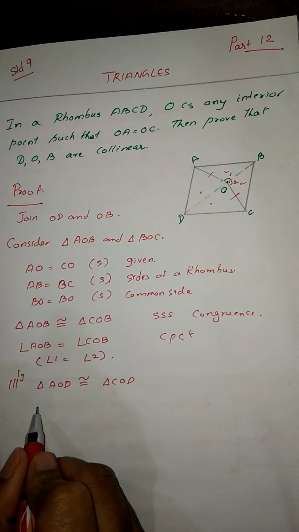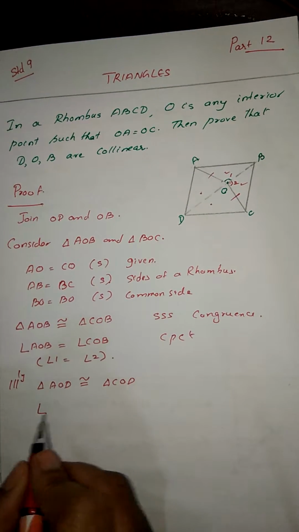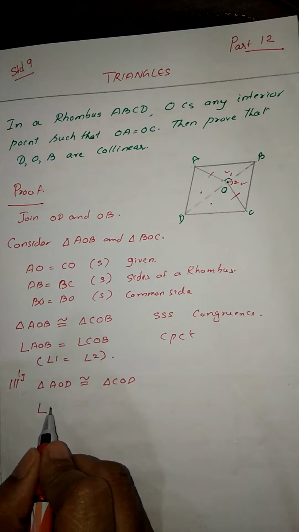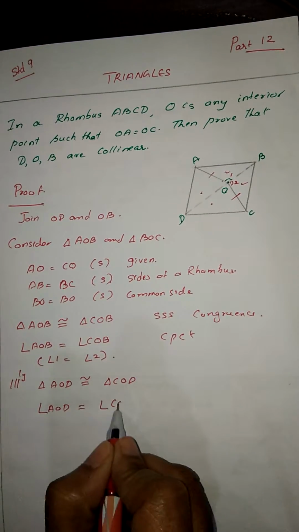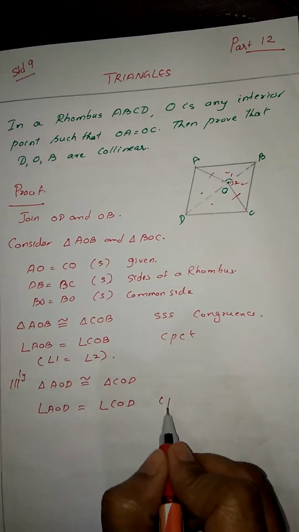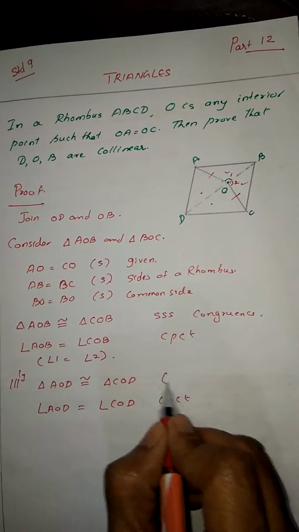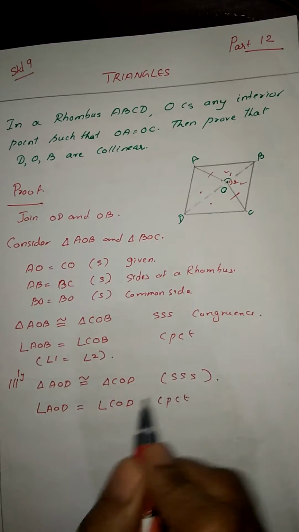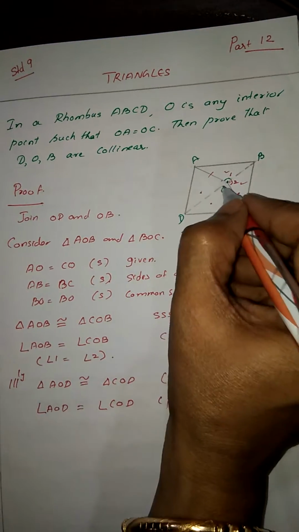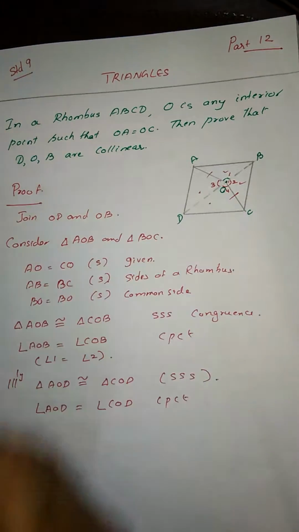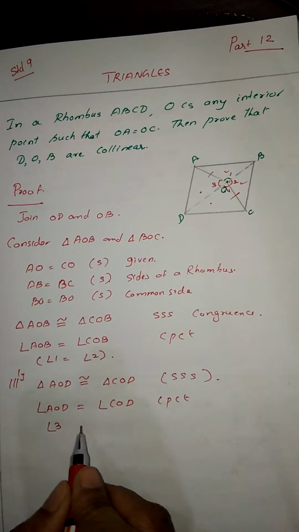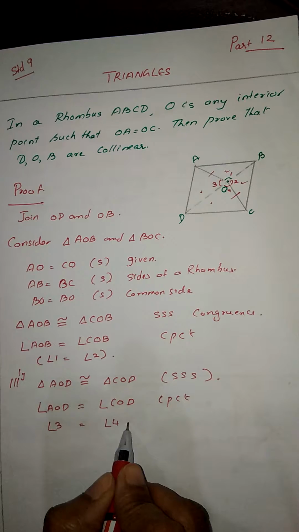From that we will get angle AOD is equal to angle COD, again because of CPCT. Here it will again be SSS congruence. I will just write this as angle 3 and angle 4. So angle 3 is equal to angle 4.